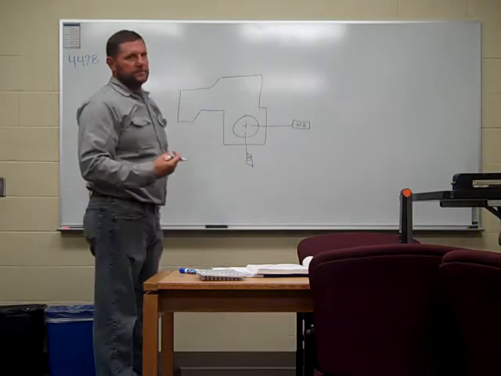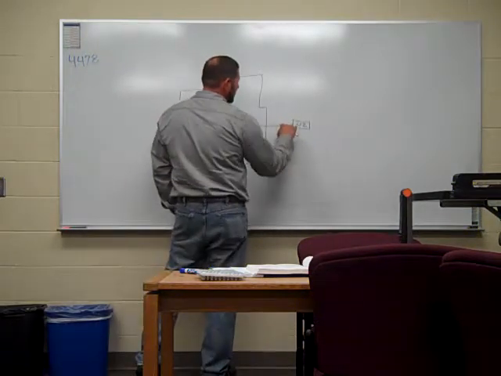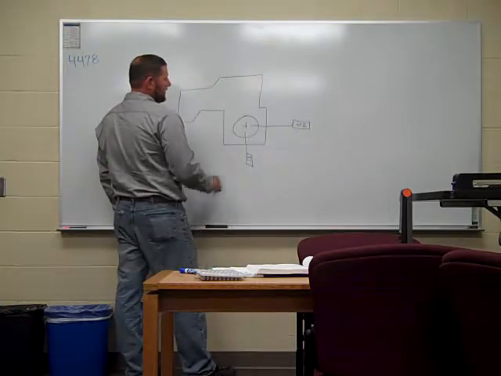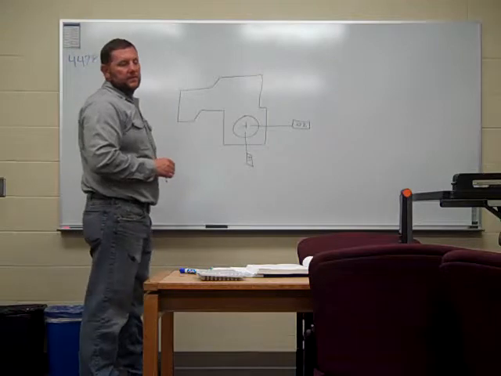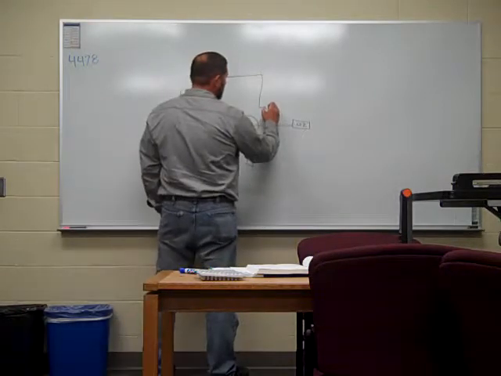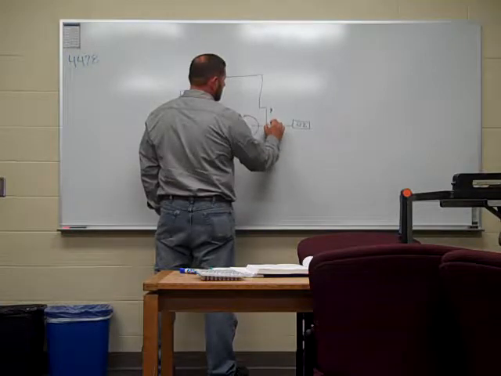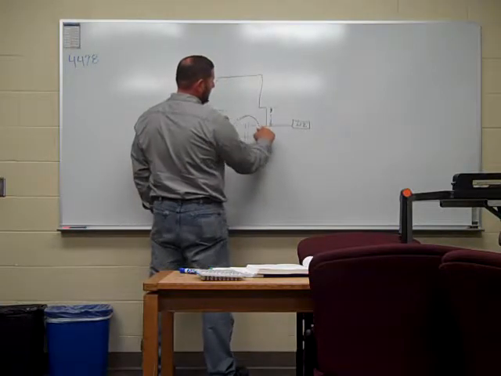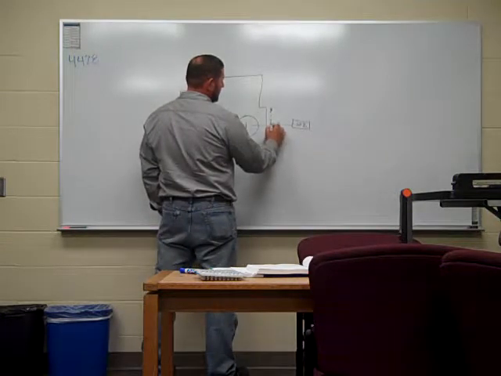So what does that mean? Anything measured off of here is going to be measured from that datum or that datum. So let's say this dimension here, 1 inch. That is 1 inch from this reference to that reference. You can measure it in any direction.